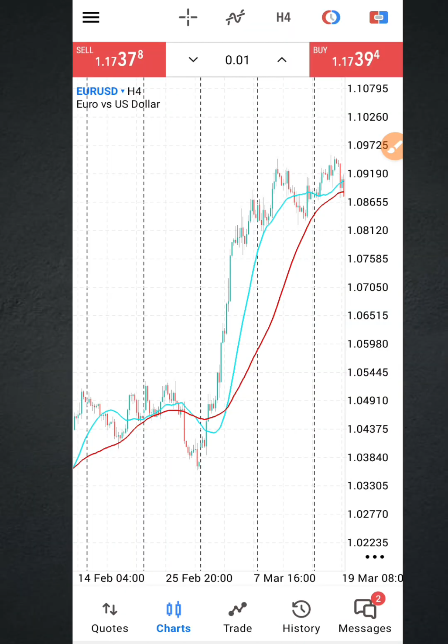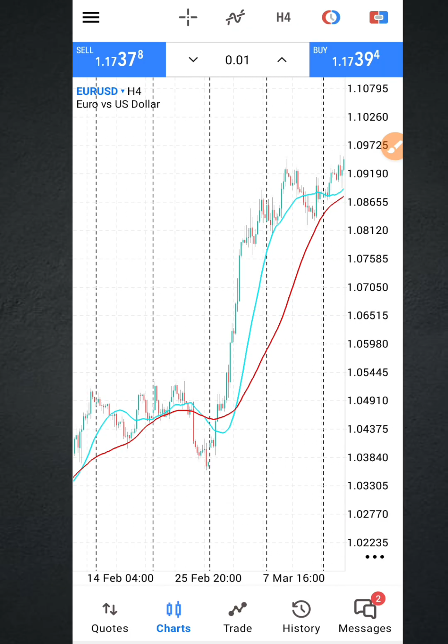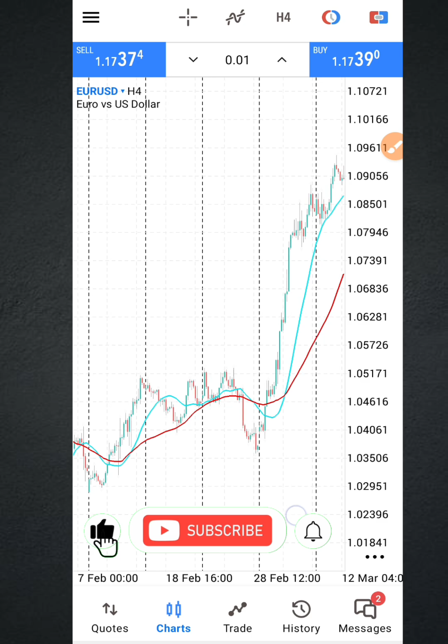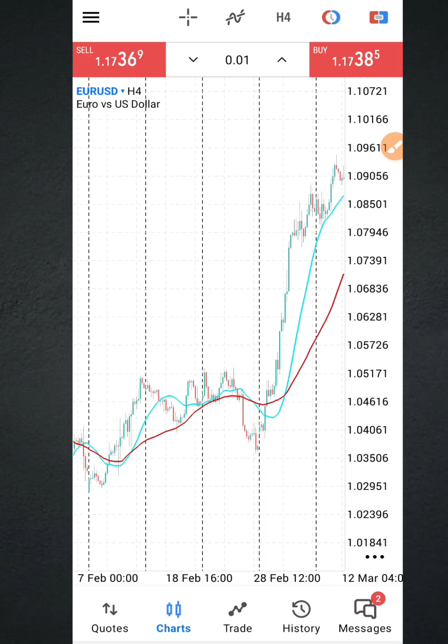So before I talk about how to trade using moving averages, I want to hit some points that are very important. A lot of people like trading with multiple moving averages, and that's why they get burned and don't make profits from using this strategy or using moving averages. You don't need too many moving averages to trade the forex market.